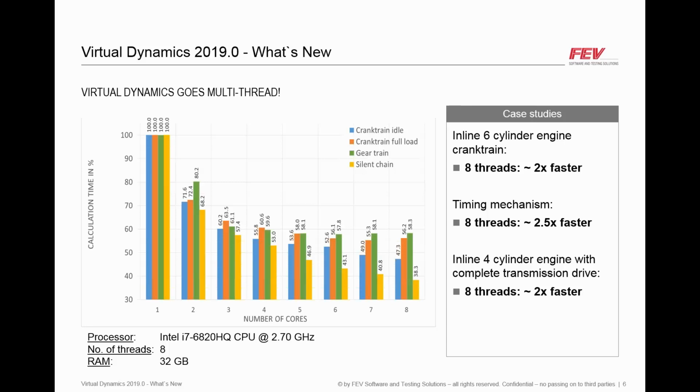And it was an Intel i7 CPU, which has 8 threads and 32 gigabytes of memory. So again, I would like to mention once again the gain of simulation time is even better on real HPC kind of clusters.